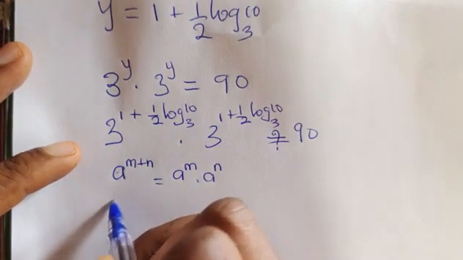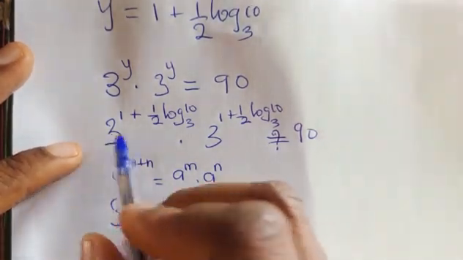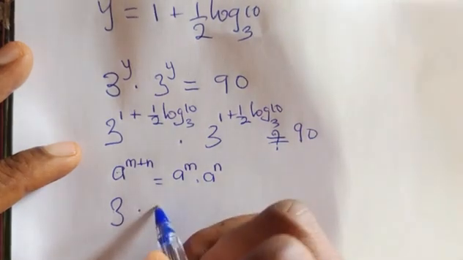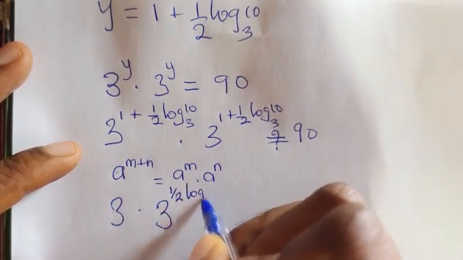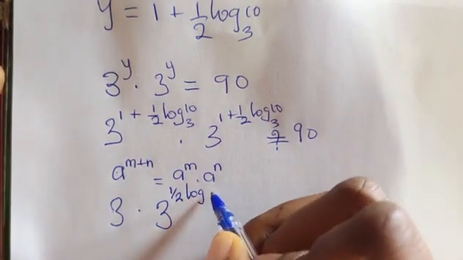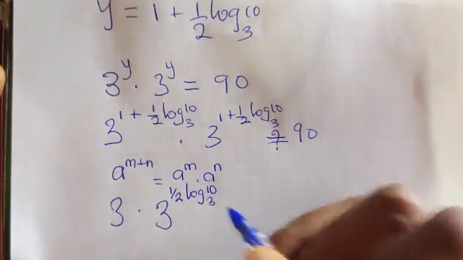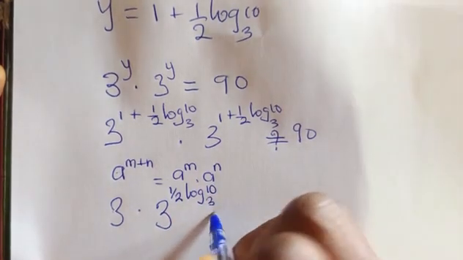So we'll write it as 3 raised to the power of 1, and then 3 raised to the power of 1 over 2 log 10 to base 3.